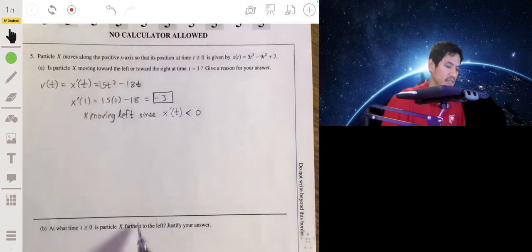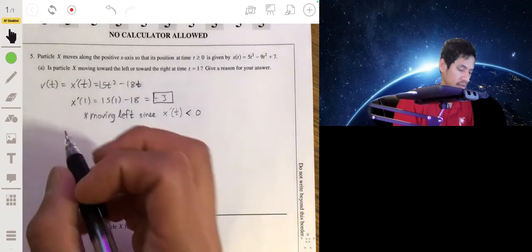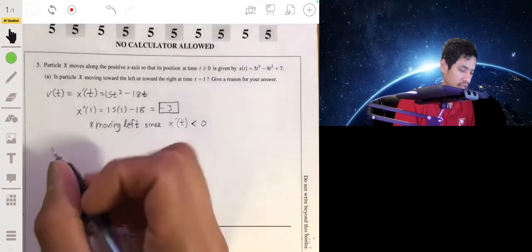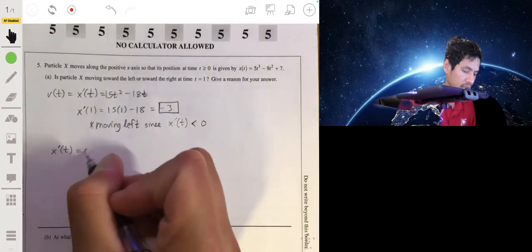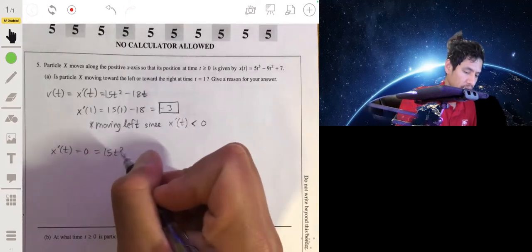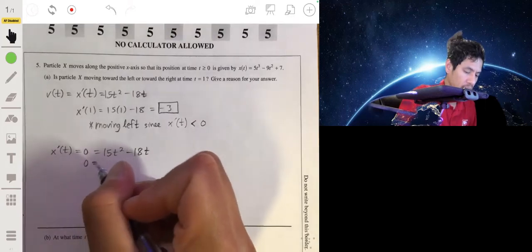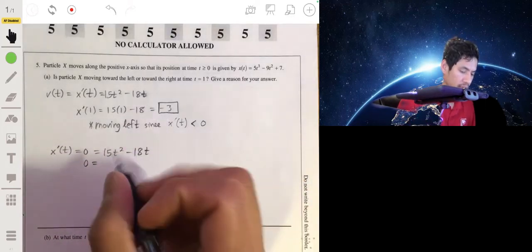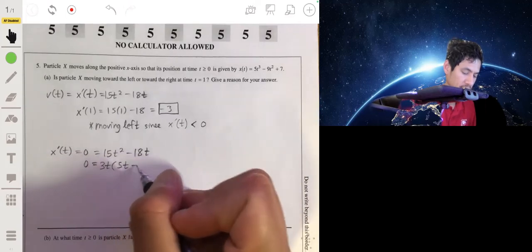So let's just first solve for the zeros of the derivative. Let's always do the work up here, just so you can see it easier. So we get x prime of t is equal to 0, so we set this equal to 0. So we're going to factor out a 3t with a 5t minus 6.